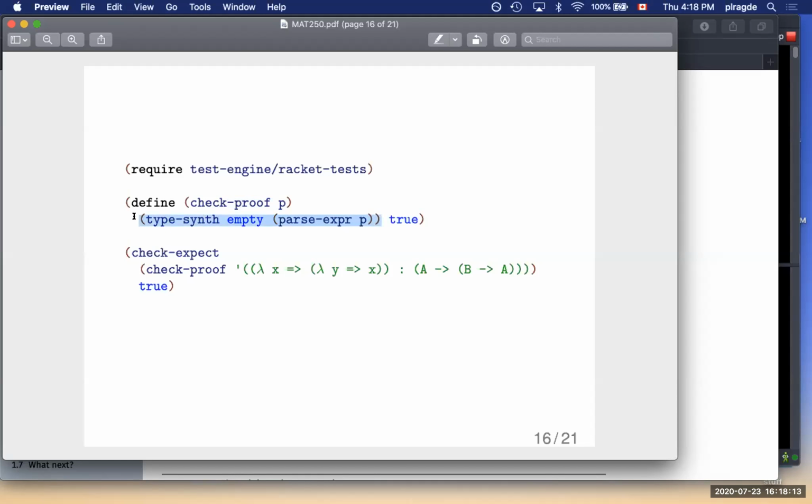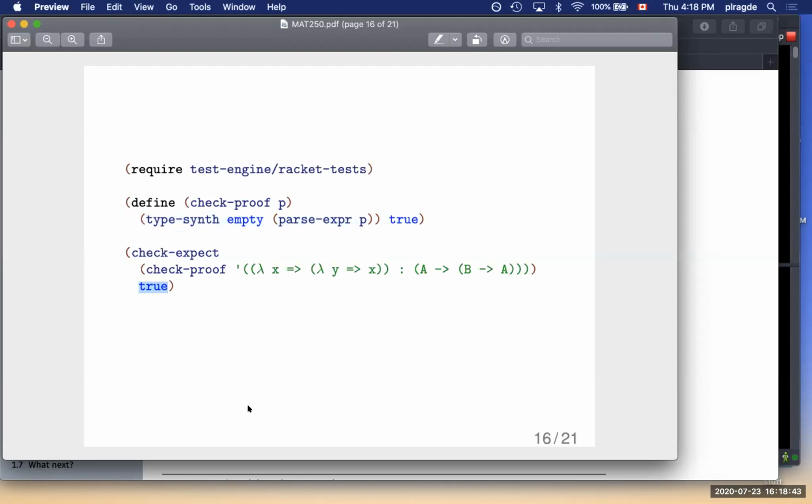First, we type synthesize. If this fails, our proof is wrong. If it succeeds, it's going to give us A implies B implies A. We already knew that. It's useless to us. So we throw that away and we produce the value true. And that is what we check for in the check-expect.